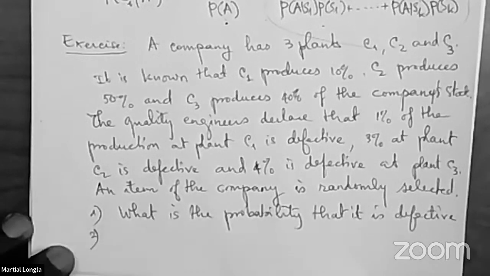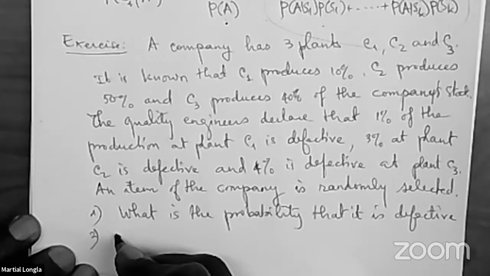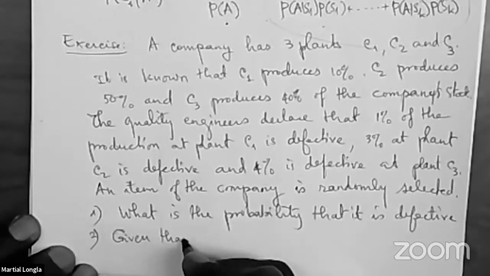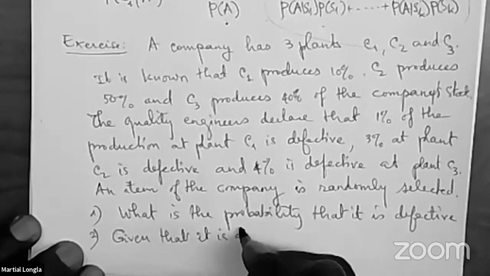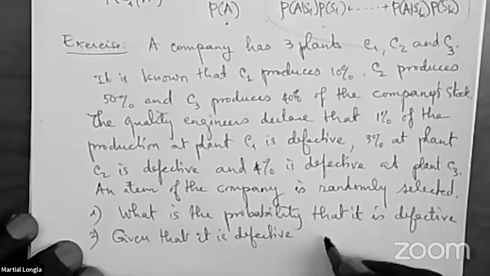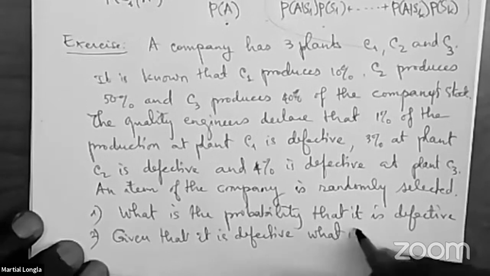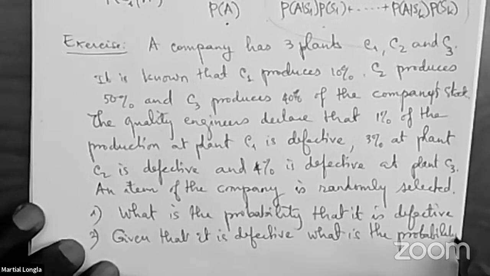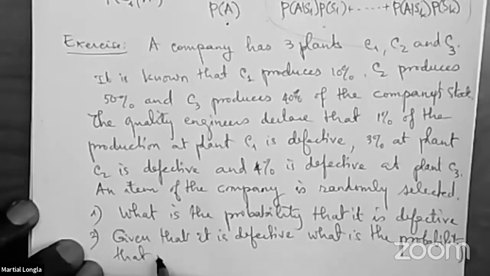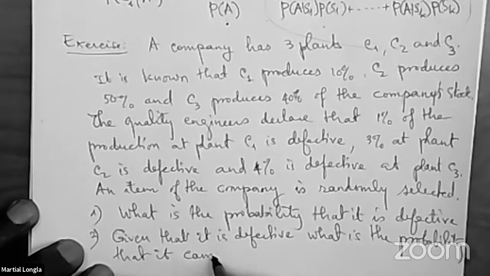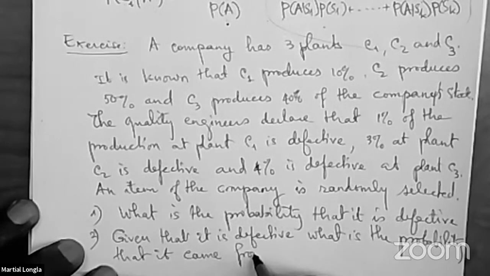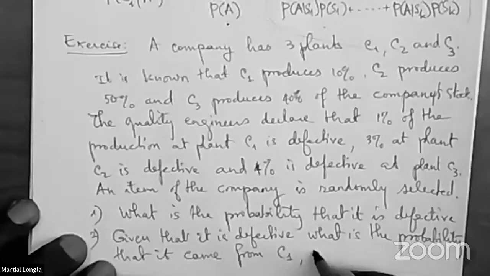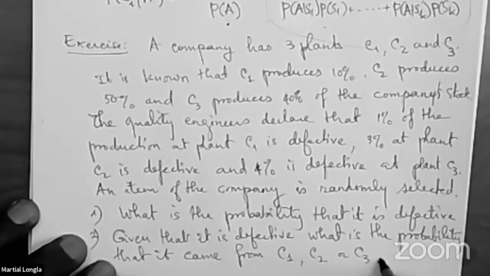And two, given that it is defective, what is the probability that it came from C1, C2, or C3 separately?